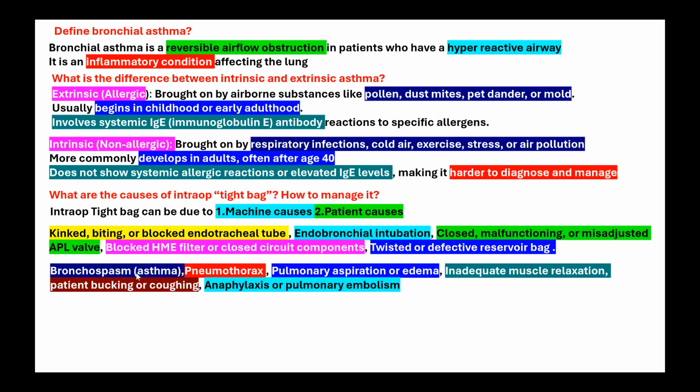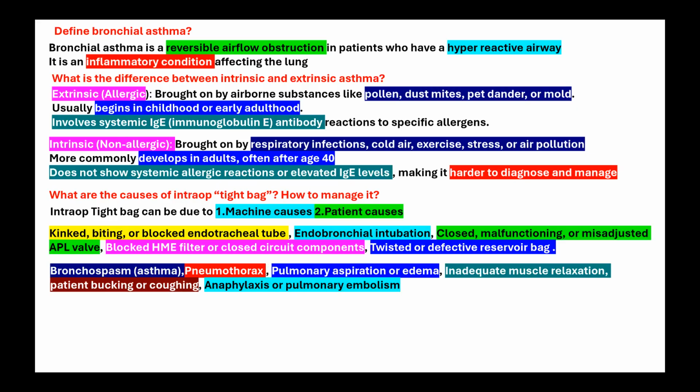Patient causes can be asthmatic bronchospasm, or it might be a pneumothorax, it may be aspiration, it may be pulmonary edema, it may be inadequate muscle relaxation. Patient may be bucking or coughing on the tube, anaphylaxis, and pulmonary embolism. All the answers you have rightly given, they all belong to patient causes.